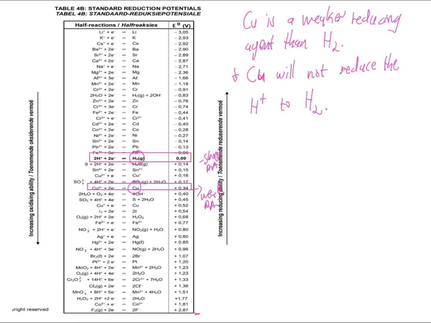It will oxidize. So copper is a weaker reducing agent than hydrogen gas. That means copper will not be able to make what? To make this H+ ion to reduce to what? To hydrogen gas. Okay, then that's how you explain that. So that's how you explain that. So that question was for 8.1.3. Let's indicate 8.1.3.